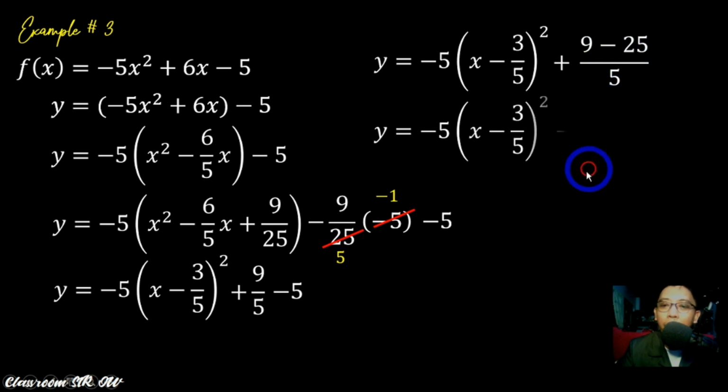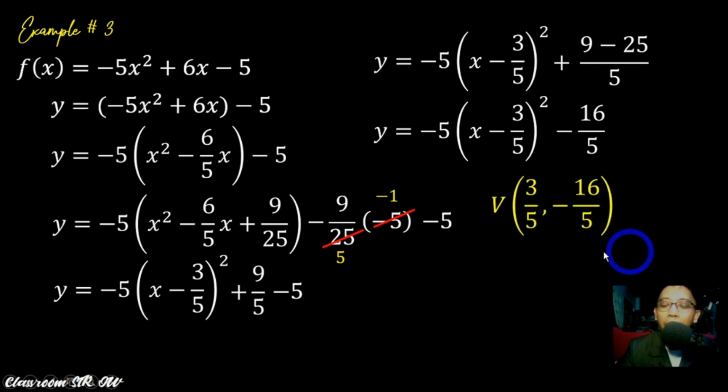Simplifying this further, of course, 9 minus 25 is negative 16, all over 5. So this is now the vertex form of the given standard form of the quadratic function. So we now identify the vertex because this is our h, this is our k. So we will just get the opposite, so that is 3 over 5 and negative 16 over 5.